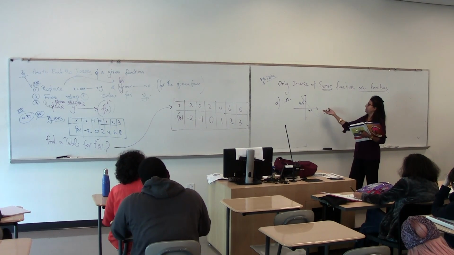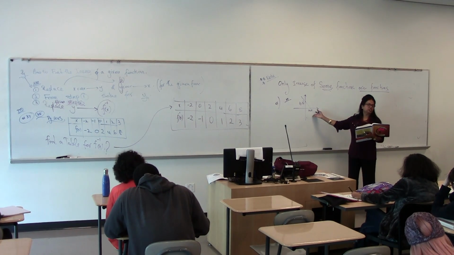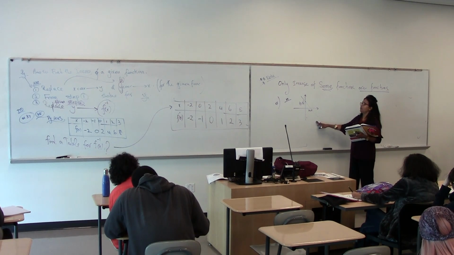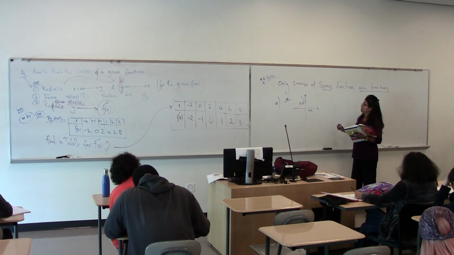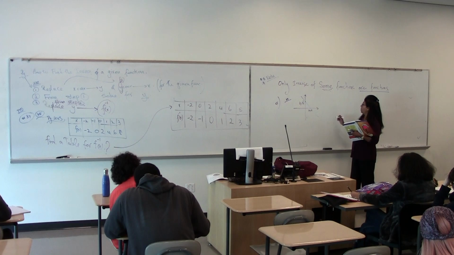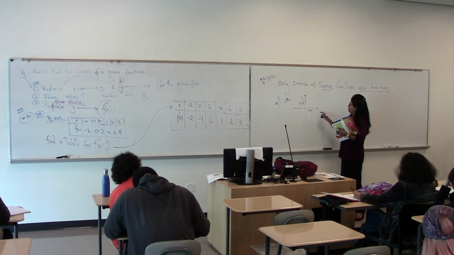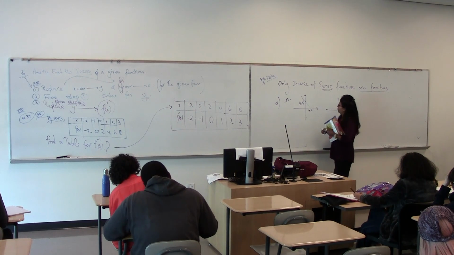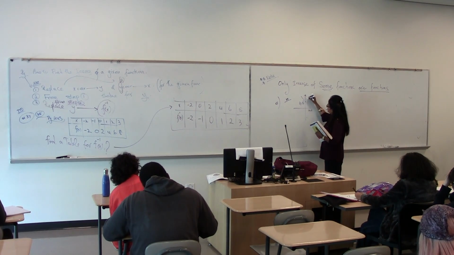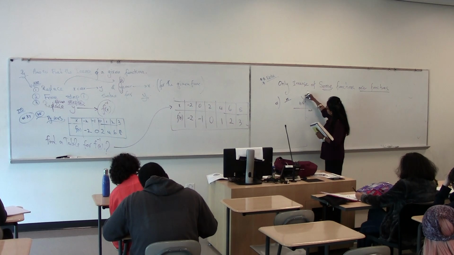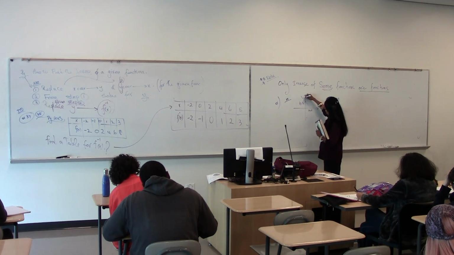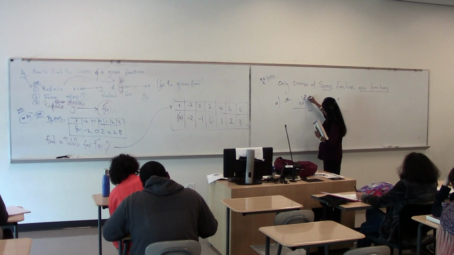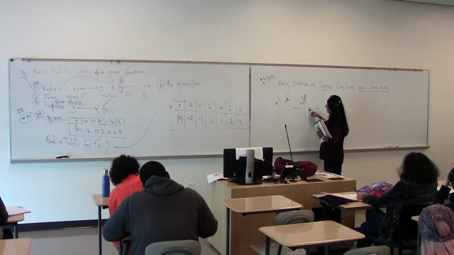Now we want to know whether the inverse of this is a function. So what do you need to do? We are going to switch the ordered pairs. 4 and 0 becomes 0 and 4. This becomes 0 and 3.